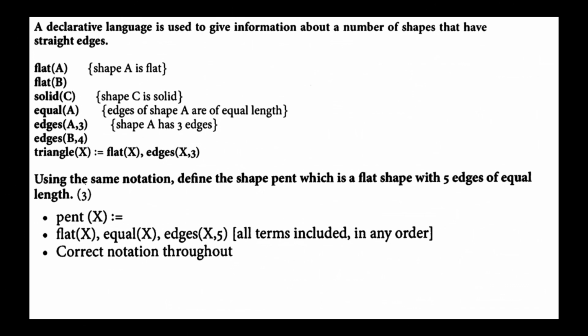So pent X, flat X, equals X, comma 5. All terms included in any order. You've got to include those terms, but in any order, then correct notation throughout. Those are what you're marked on.